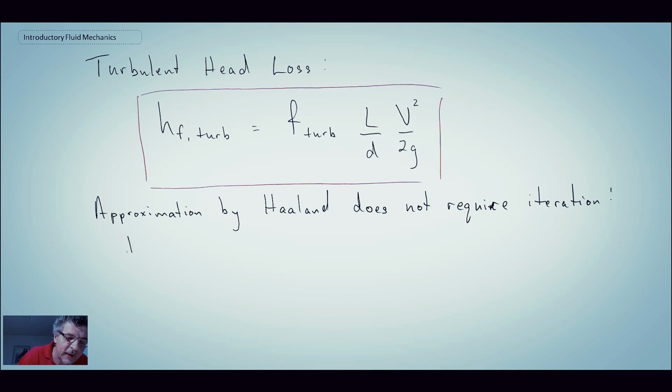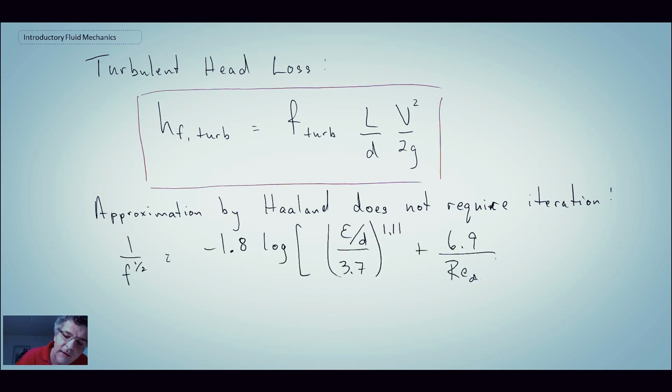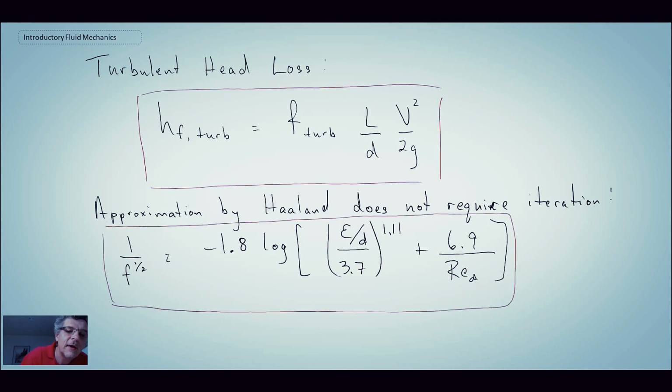And so with this equation, you'll notice there is no friction factor on the right hand side of the equation. This would give you a starting point perhaps by which you could estimate the friction factor, and then after you get it from here you could go to the Colebrook-White, and then you'll be closer to being converged. But anyways, that's another relationship that you can get the friction factor for turbulent pipe flow from.